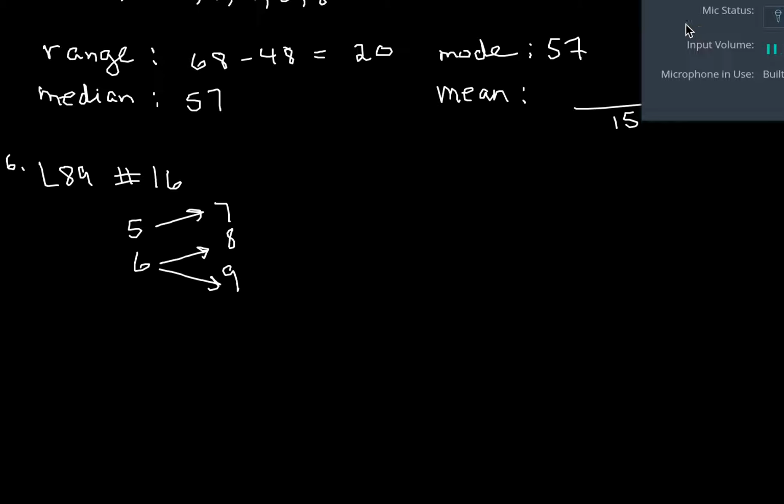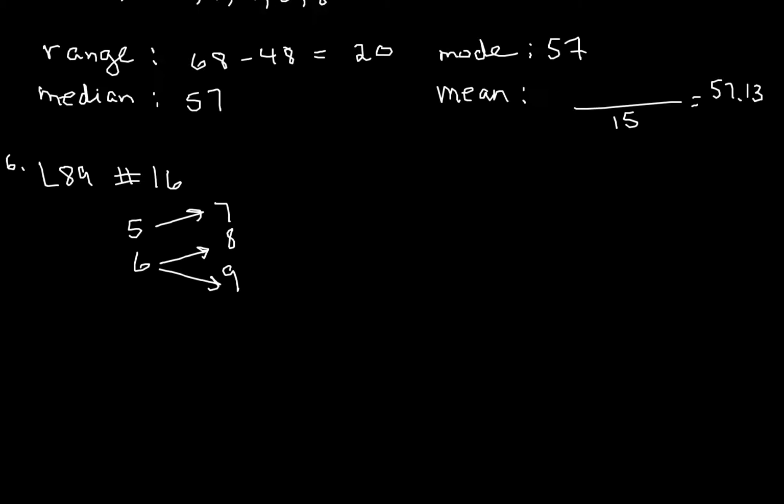Okay, Katora is saying no, it is not a function. Anyone else have a thought? If I were to write these as ordered pairs, 5 would go to 7, 6 would go to 8, 6 would go to 9. You cannot repeat your x value. So there can't be 2 things that come out of an x value.